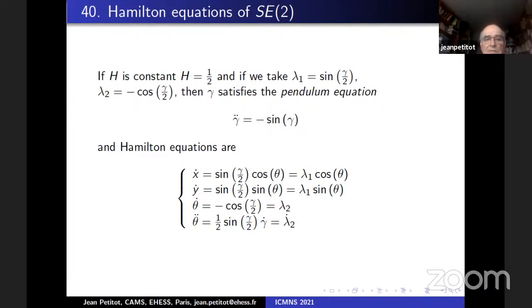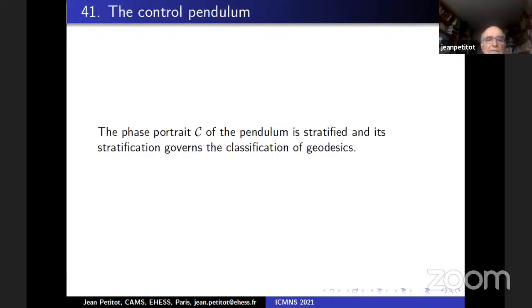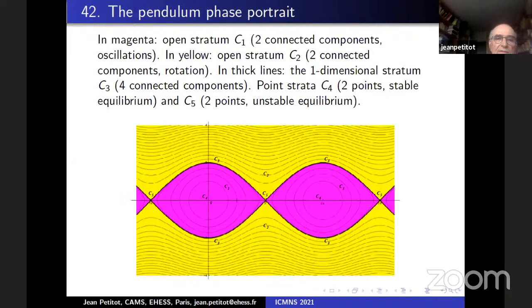And the Hamilton equations are given in function of theta and gamma by the following equations. And so you have a pendulum in the cotangent space which controls the behavior of the geodesics. The phase portrait of the pendulum is stratified, and its stratification governs the classification of geodesics.